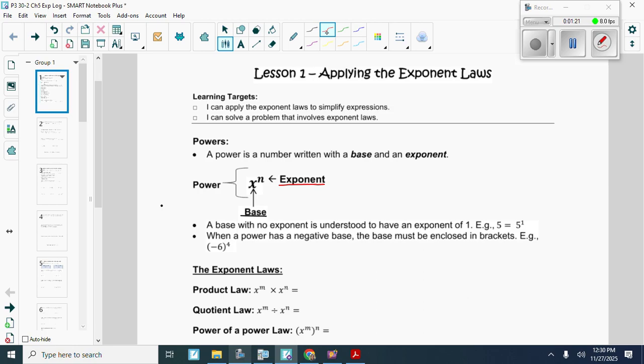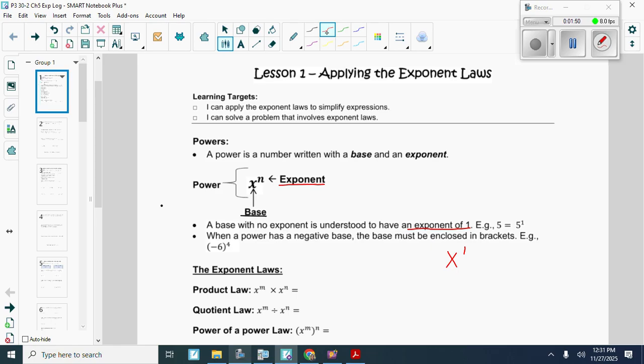So if there is no exponent, then we can always have an exponent of 1. Because anything to the power of 1 is just whatever that number is. It's kind of like when we multiply by 1, right? It's just the original number. So make sure that, say we had an x, what's the exponent on x if I didn't write anything in? 1. Okay.